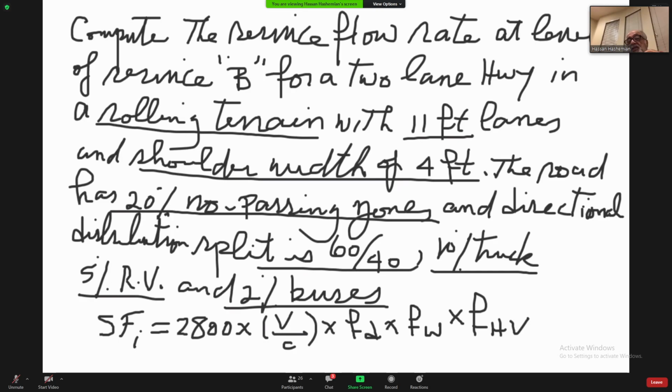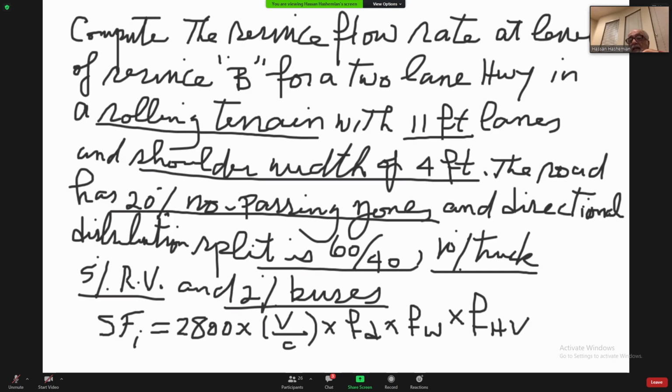And F sub HV refers to the correction factor for heavy vehicles. What are the heavy vehicles? Trucks, RVs, and buses. So we have to calculate that and find out what would be the F sub HV. And again, that's going to be less than 1.